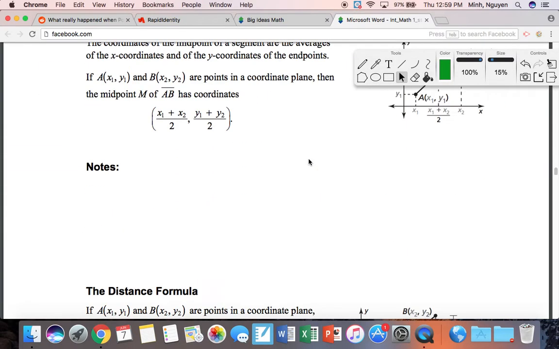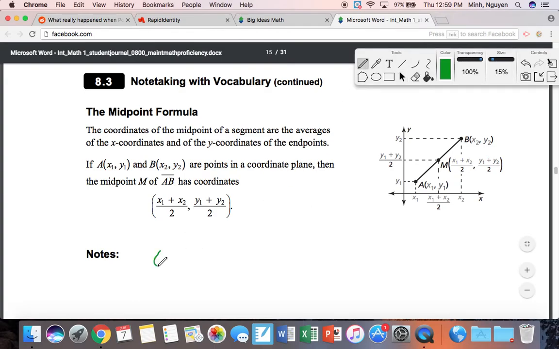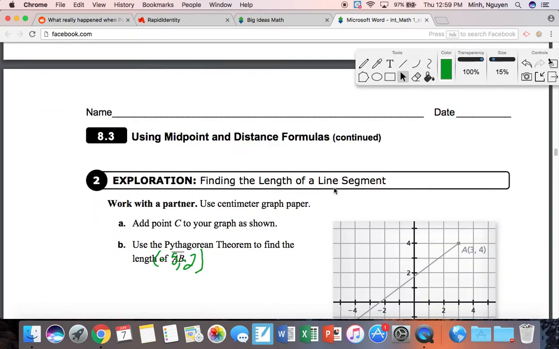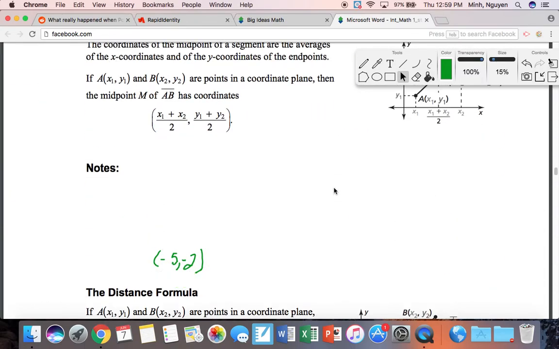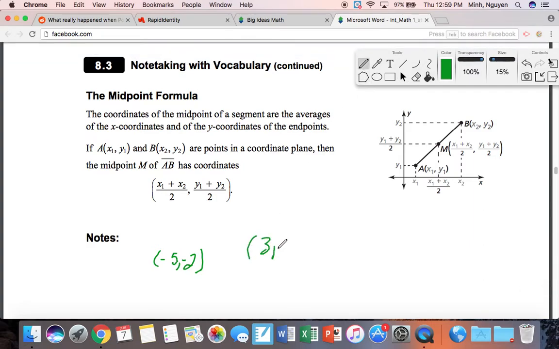Okay, so moving on, the midpoint formula. Earlier the example was -5, -2, and 3, 4. Let me go back to make sure I have the right thing. This is saying add and divide by 2, or find the average.